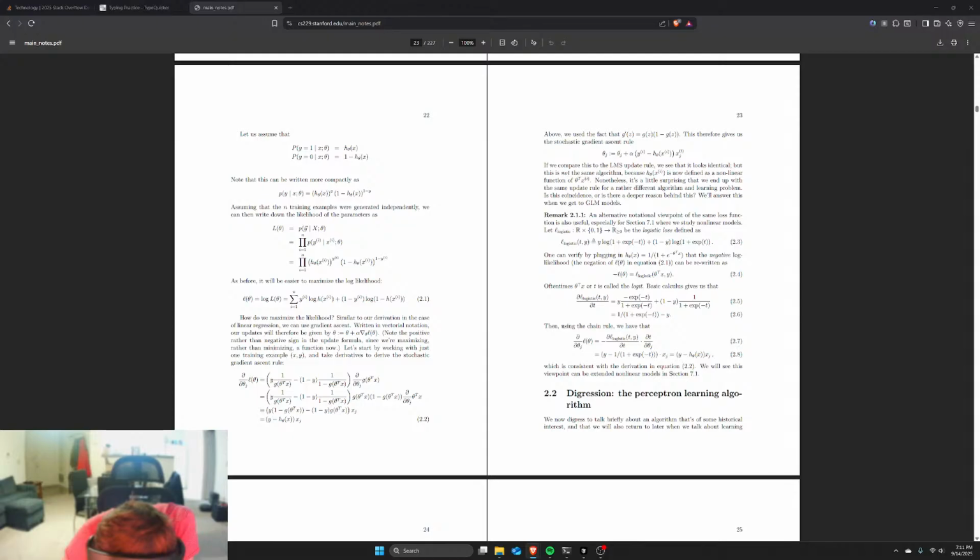Am I remembering the chain rule right? I know this is such basic stuff. Yeah, I am remembering it right. Okay.